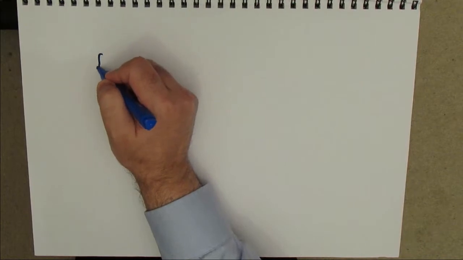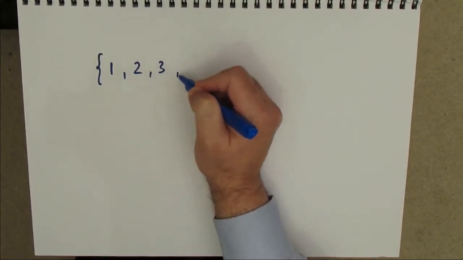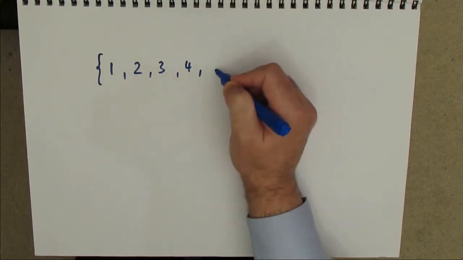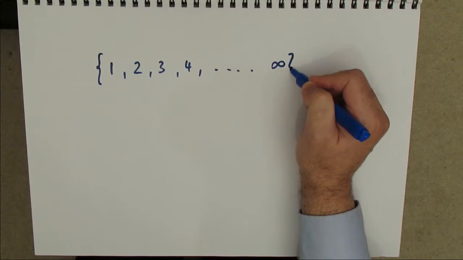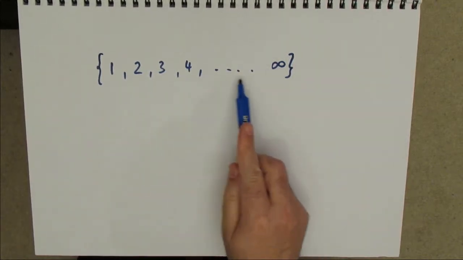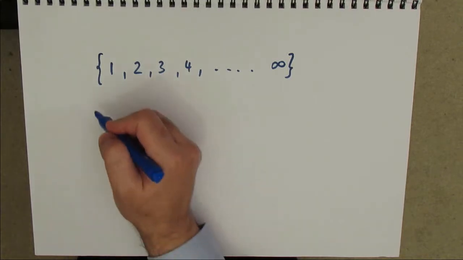Let's compare two infinite sets. These dots just mean I've missed out a few elements, or quite a few in this case. The second set is the set of all even counting numbers.